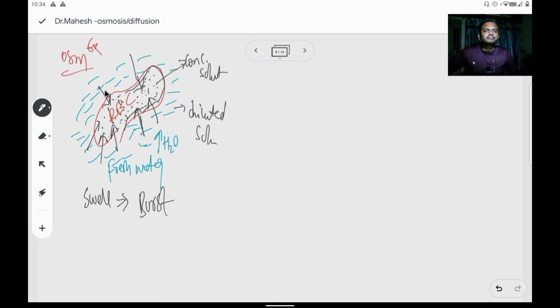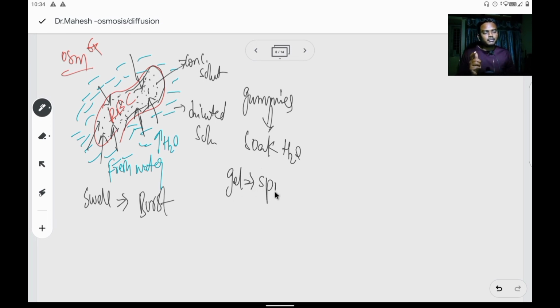And small kids will play with gummies. Soak them in water. What will happen? In gummies there is gel. That gel acts as a semi-permeable membrane, and the gummies will swell. Everyone knows that it will attain a shape. Multiple shapes are there in gummies. That is an example of osmosis.